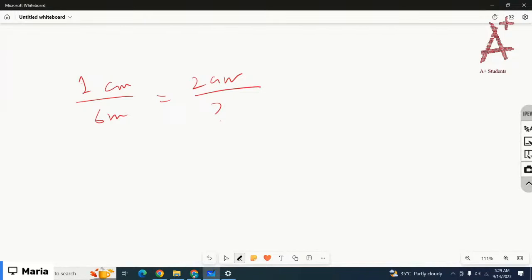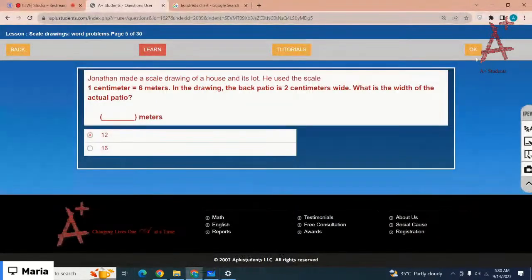So 1 times 2 is 2, and you multiply 6 times 2, so 6 times 2 is 12. That means 2 centimeters equals 12 meters. The correct option is 12.